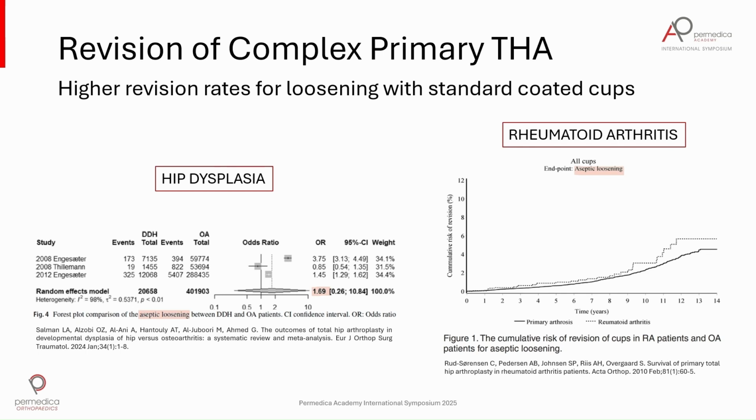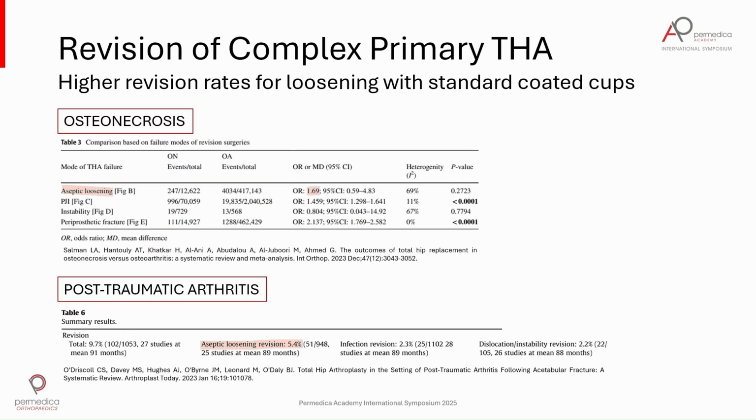So we have to improve this. When you see osteonecrosis, the aseptic loosening rate is increased and almost duplicates the instability complications, and post-traumatic is about 5.4%. So it's always around the same number, 5 to 8%.